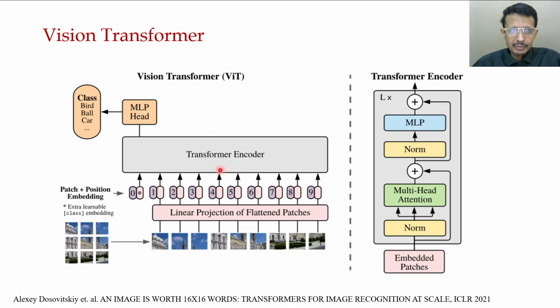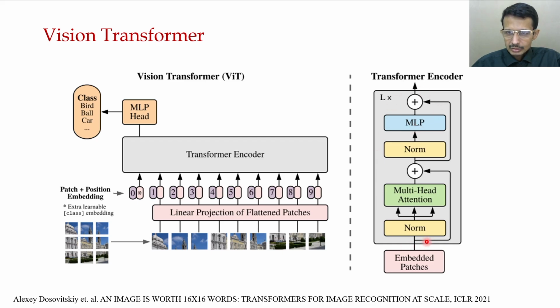So it is somewhat of an encoder-based model. Then there is a head, so it will get the analysis of some contextual information to classify different classes. Here you can see this is a transformer encoder with the embedded patches, then normalization, after that multi-head attention, then there is a residual, then again the normalization and this MLP.